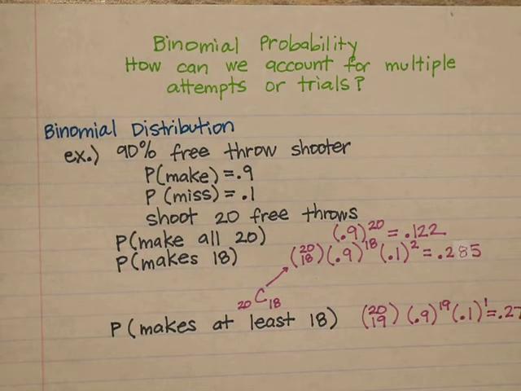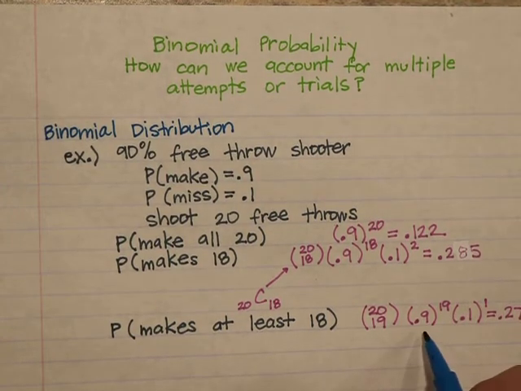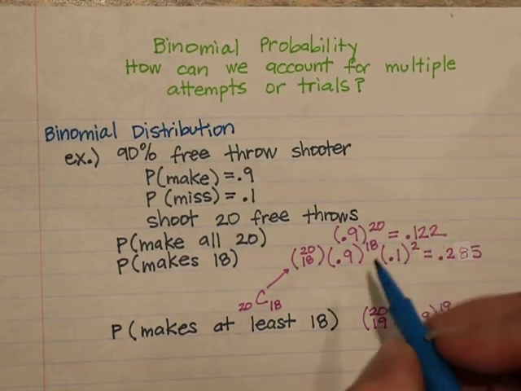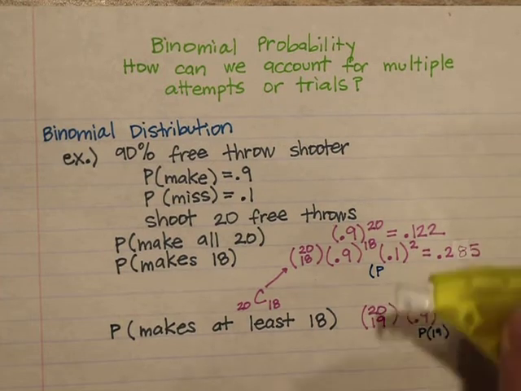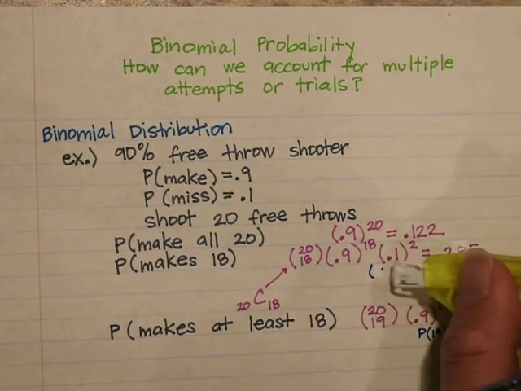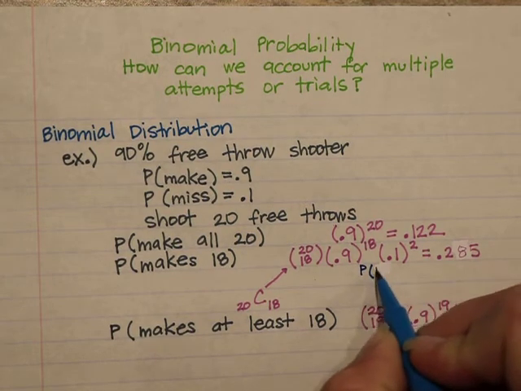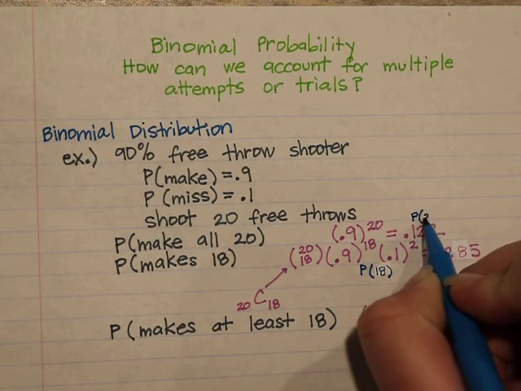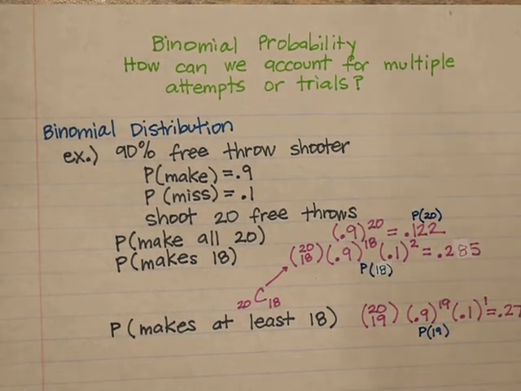Okay, so now this is not the answer, right? This right here is the probability that he makes 19. This was the probability that he made 18, and up at the top, this is the probability that he made 20. And the reason I'm accounting for all of those is the probability of making at least 18.